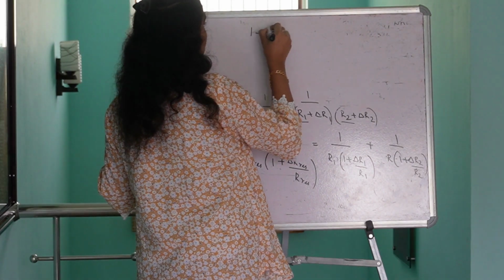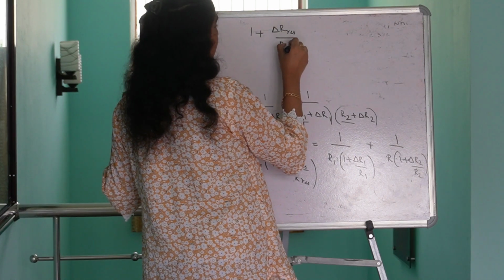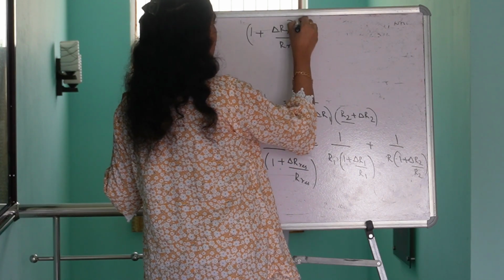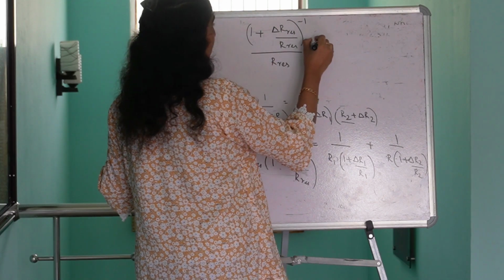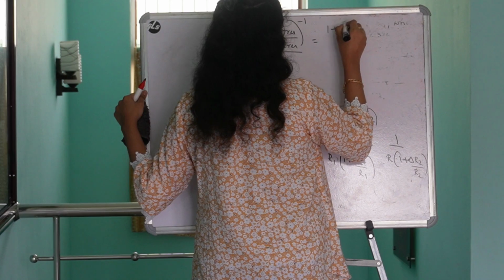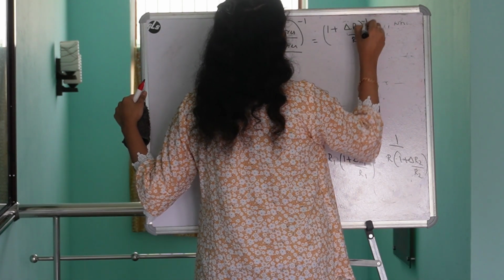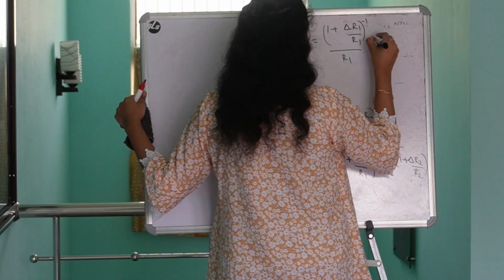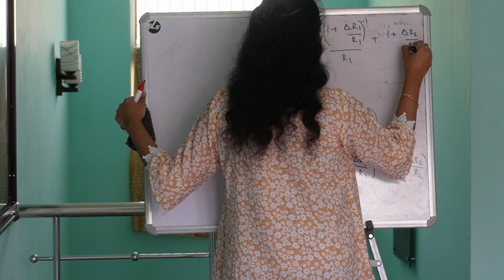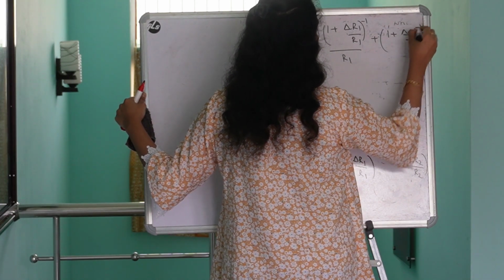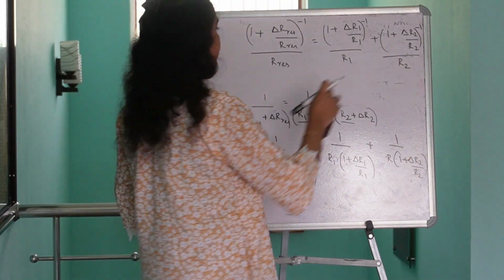So I can write 1 plus del R resultant divided by R resultant, the whole inverse, divided by R resultant is equal to 1 plus del R1 by R1, the whole inverse divided by R1, again plus 1 plus del R2 by R2, the whole inverse divided by R2. Is it clear, guys, this step? Yes.